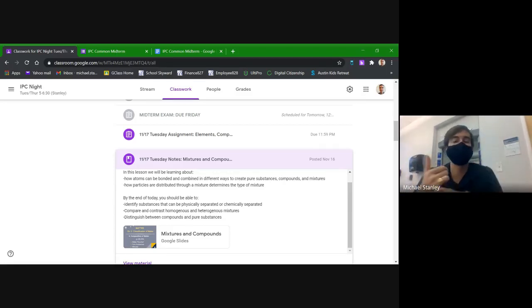We've been talking about the protons, the neutrons, the electrons and the shells that the electrons go on. Today, we're going to zoom out a little bit and instead talk about how atoms can interact with other atoms. What are the different types of substances that we can create from these different atoms that we have?